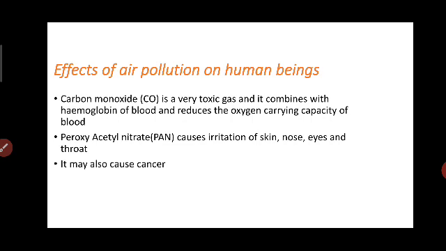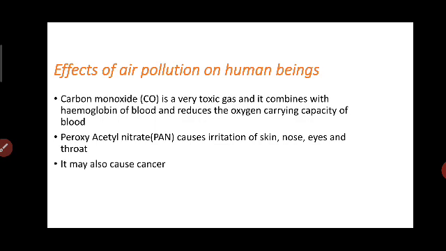Suppose blood carries the oxygen to every cell from the respiratory system, from the lungs. So when we take in carbon monoxide from the air, automatically, carbon monoxide being a toxic gas, it combines with the hemoglobin of the blood.